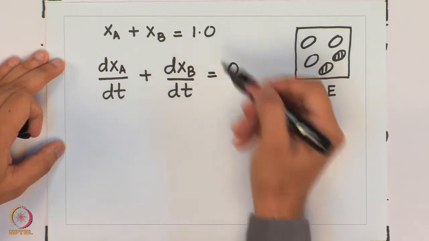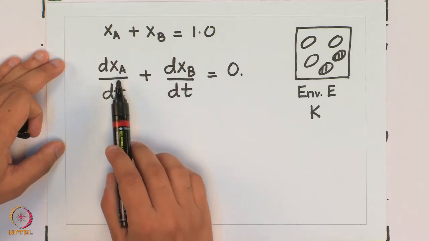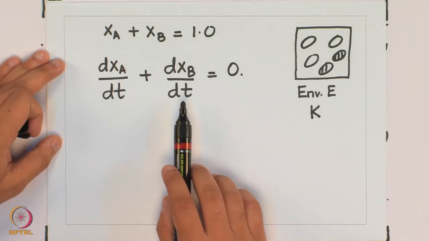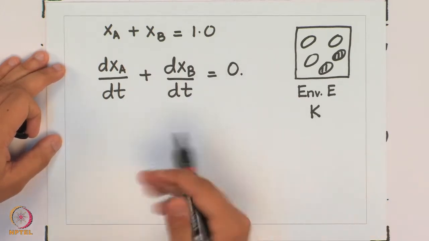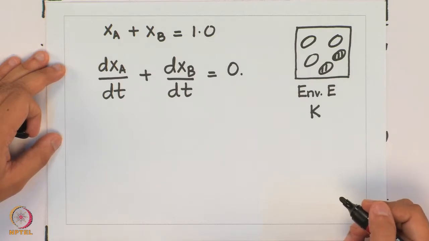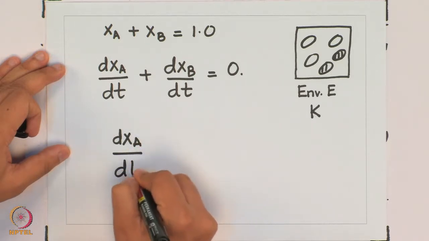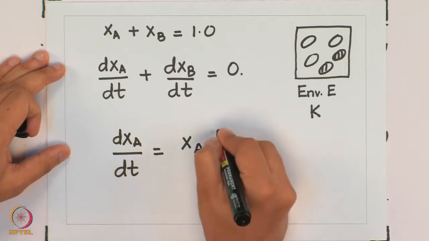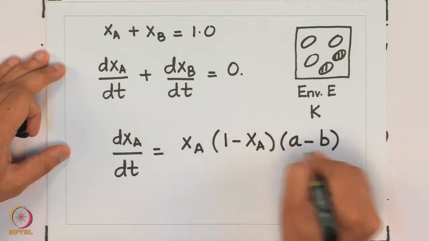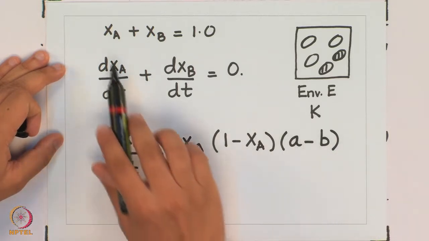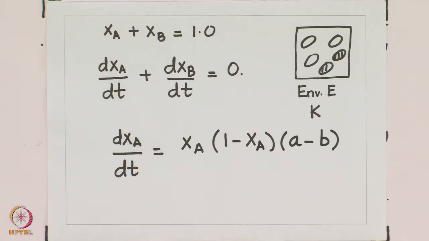The right hand side being a constant, its derivative gives us a 0, which gave us this result that the rate of change of the fraction of individuals which belong to genotype A is exactly equal to and opposite in sign to the rate of change of individuals which belong to genotype B. And when we used these two results to derive the dynamical equation associated with the system, we ended up with the equation dx A by dt equals x A times 1 minus x A times A minus B, where A and B are the growth rates associated with the two genotypes capital A and capital B, and this is the equation for which we want to comment on the stability of the two steady states associated with it.